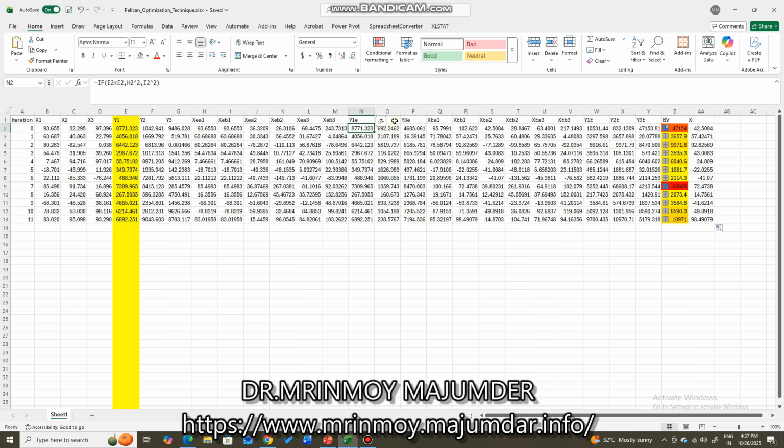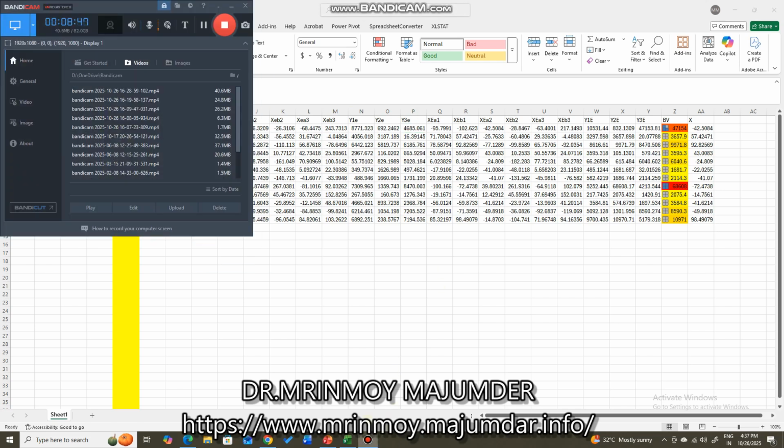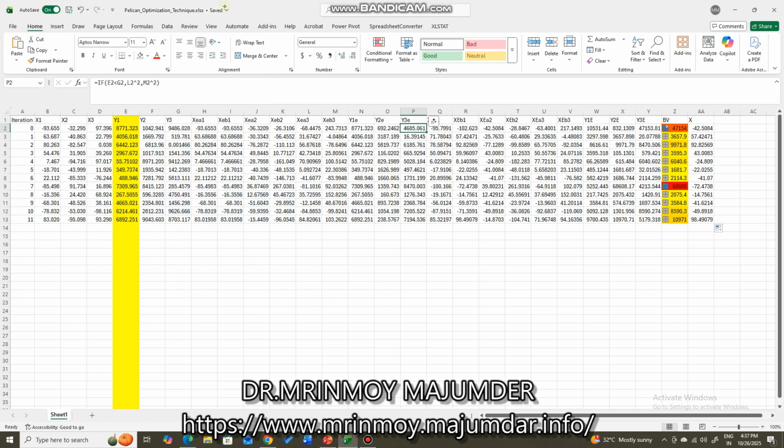Then O2. In case of Y2 exploitation, I have used O2. Then for Y3, I have used P2, not E, F and G. Just remember that, because it's an updation. We cannot ignore the optimal if already identified after the exploration phase.